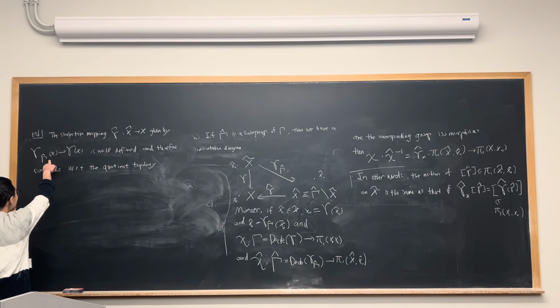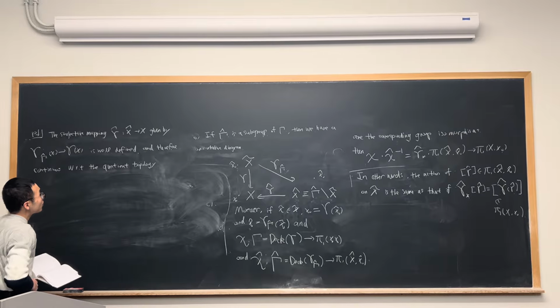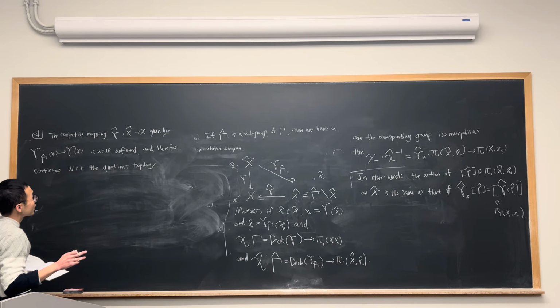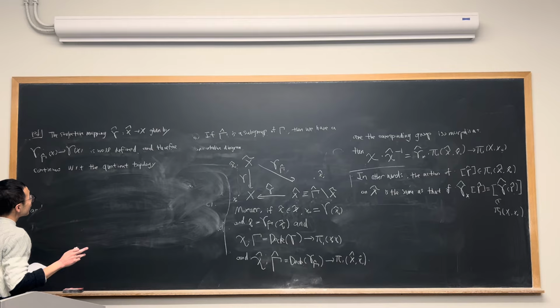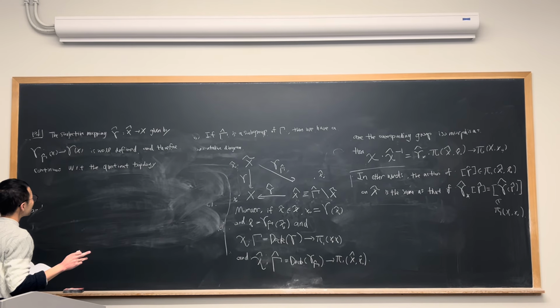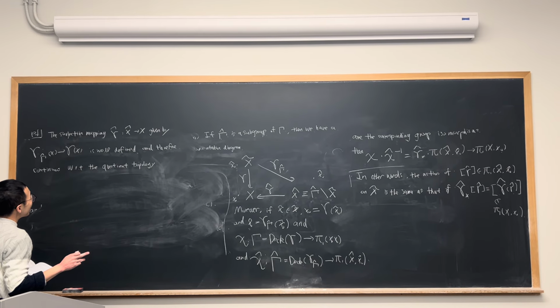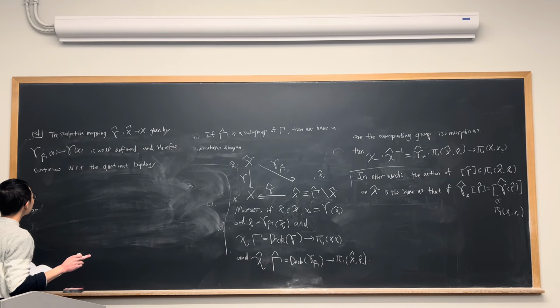So this is the equivalence relation of this x, and then you map it into the equivalence class of this gamma x. So this is well defined, and we have checked that, and therefore continuous with respect to the quotient topology.